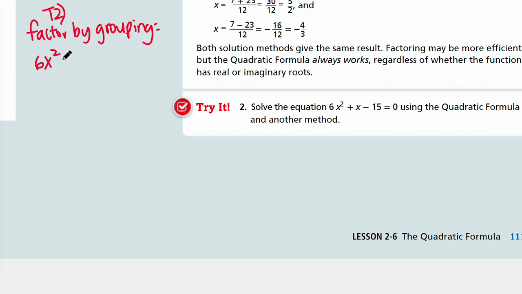You're going to have 6x squared plus x minus 15 equals 0. And you want to change the second term and rewrite it into two terms so that you can find a number that's more compatible with 6 and negative 15.